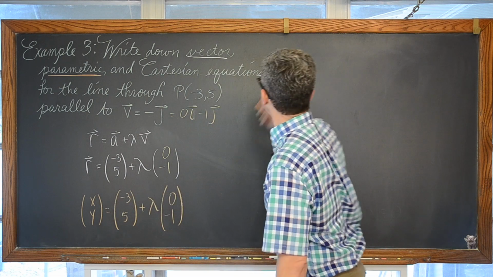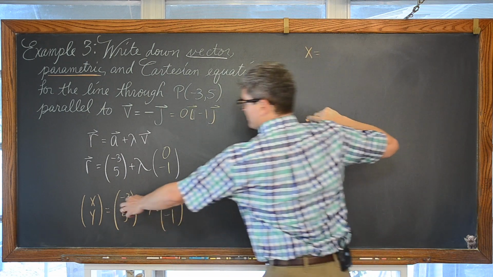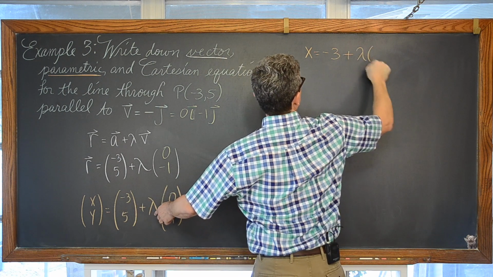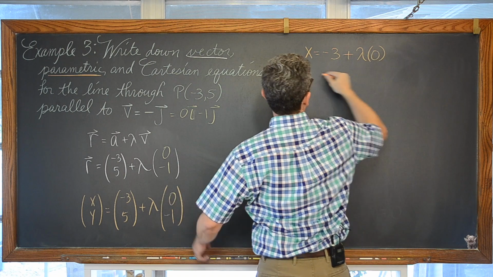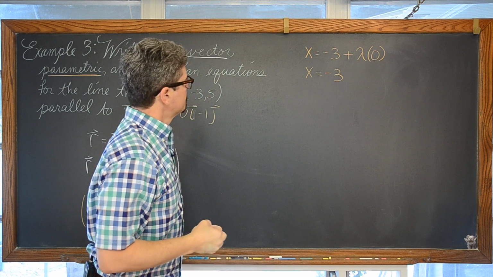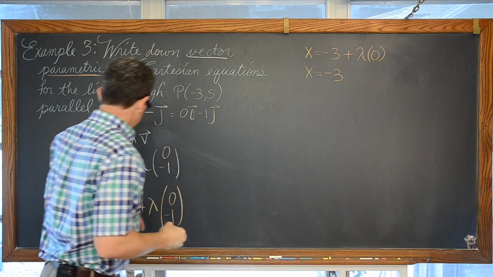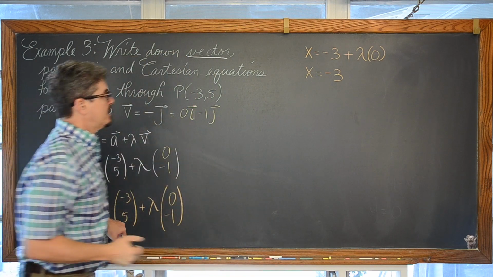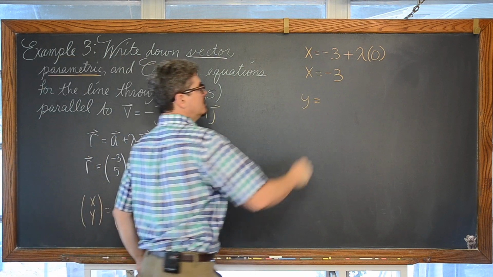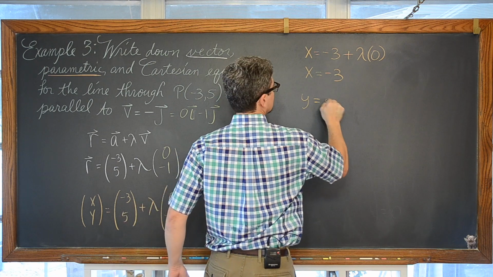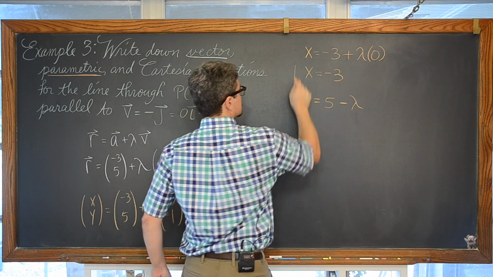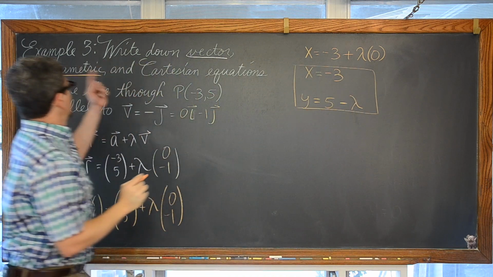We have x is equal to negative 3 plus lambda times 0, or simply x equals negative 3. It's a little bit funny compared to the examples we've been doing so far. y equals 5 minus 1 lambda. Okay, and this is our pair of parametric equations.